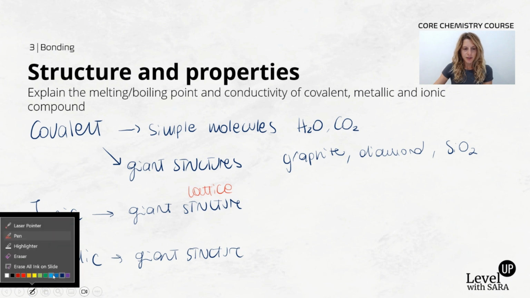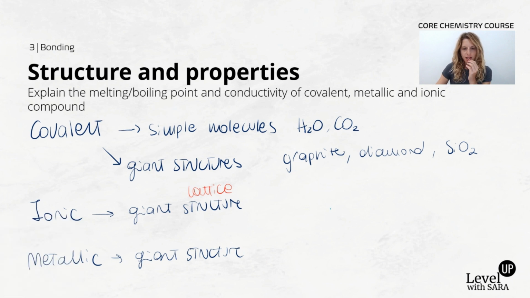Before we get into that, I want you to think about when something conducts electricity. To conduct electricity, think of it as a movement of electrons, so we need a movement. Electricity can be conducted only when there are delocalized electrons.